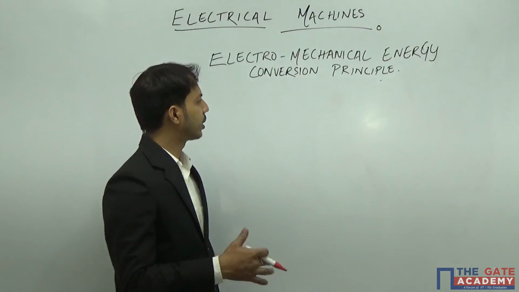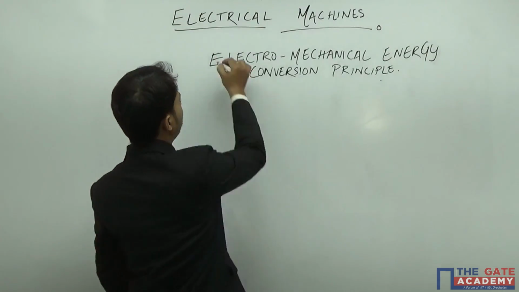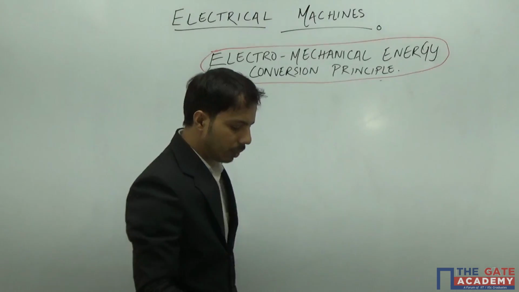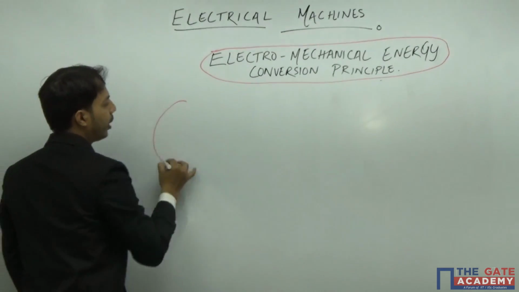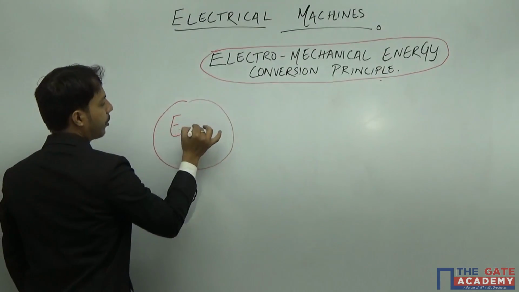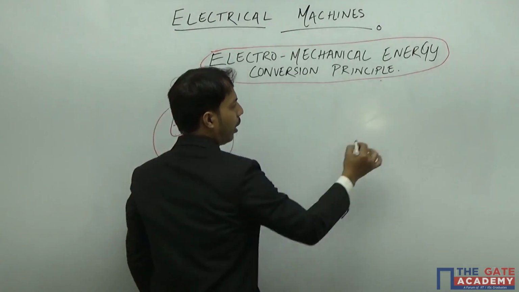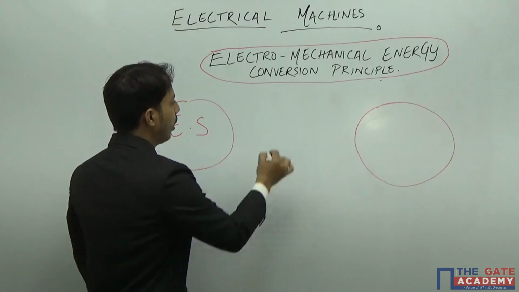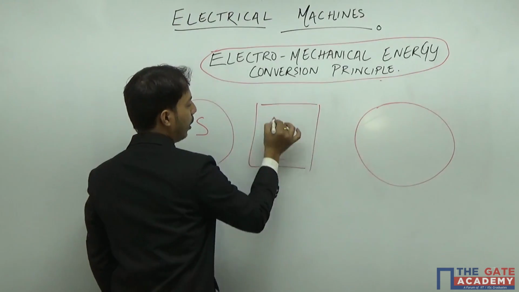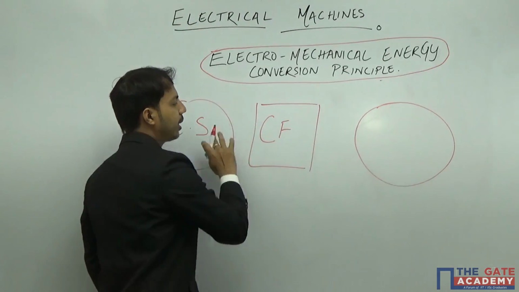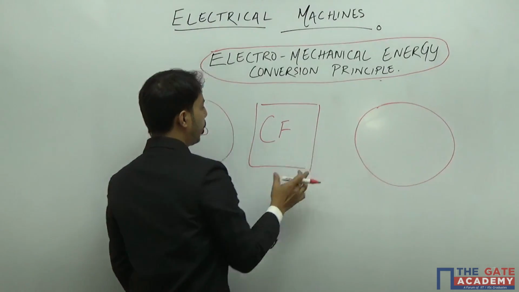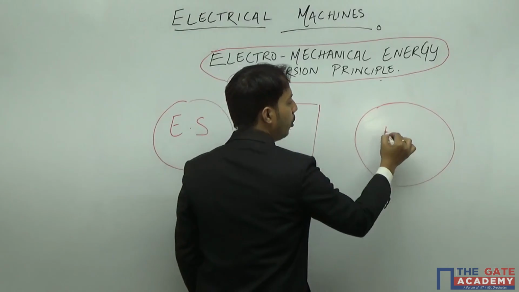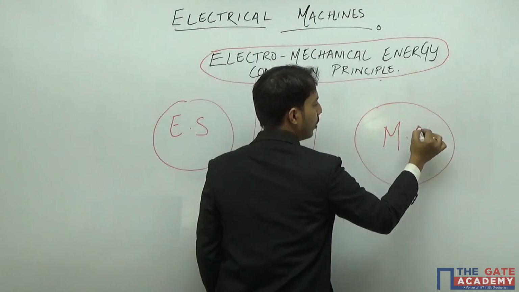Before that, let us wrap up this particular principle. What we have learned in this principle is that if I have an electrical system and I want one mechanical output, I need a coupling field. And that coupling field will help me to change my electrical energy to mechanical energy.